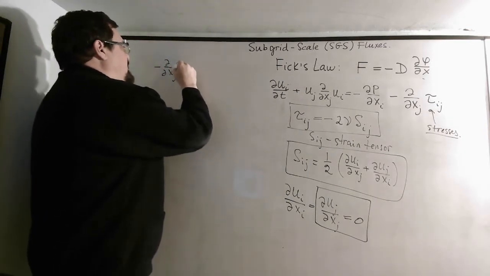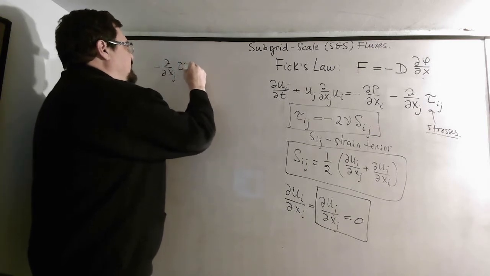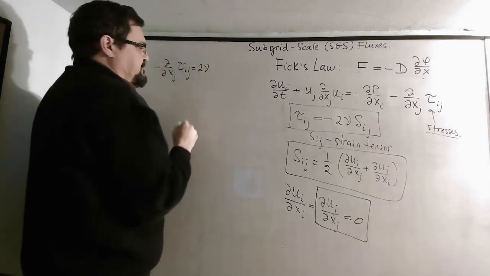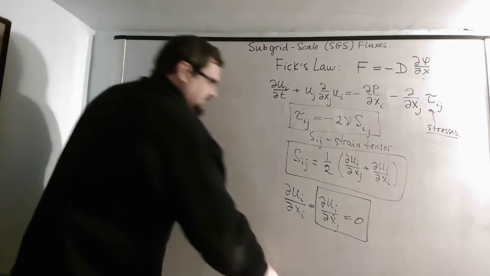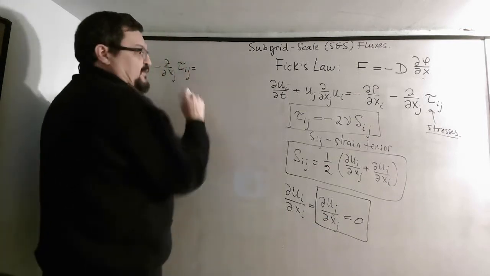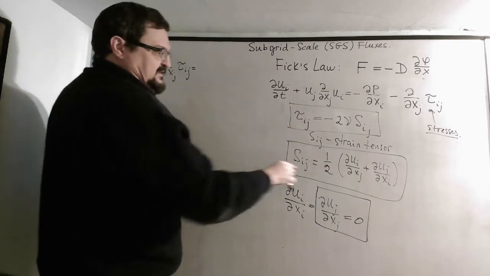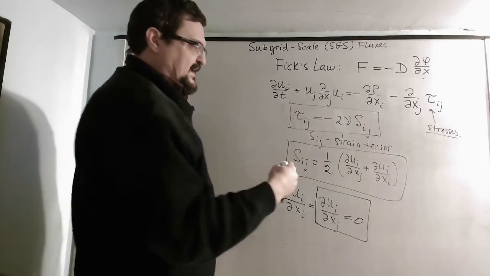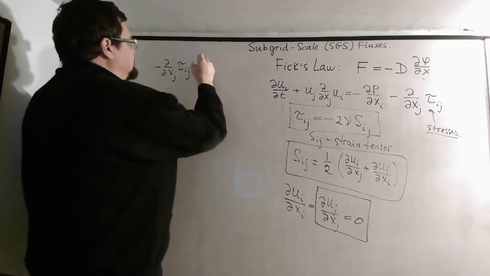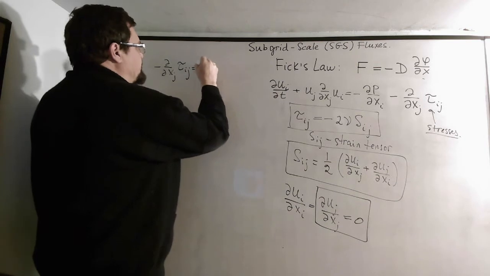So tau ij. So if we write it using this definition, we have 2 nu, and the 2 will cancel. So just nu. That's why it's actually defined 2 here. And this 1/2 is defined like, it's for symmetry.